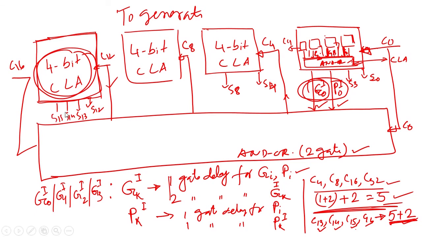This will take 1 more gate delay. So, the total number of gate delays for sum will be 7 plus 1, so total 8.